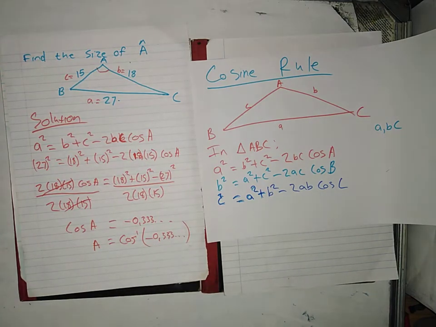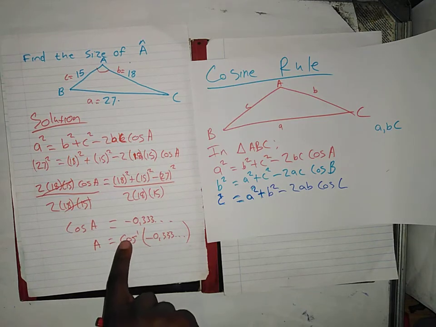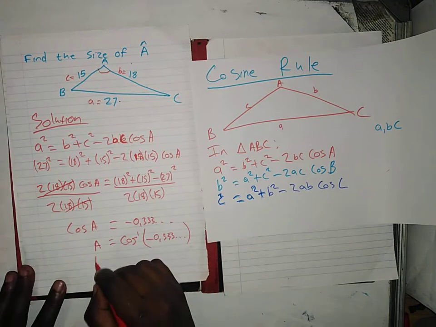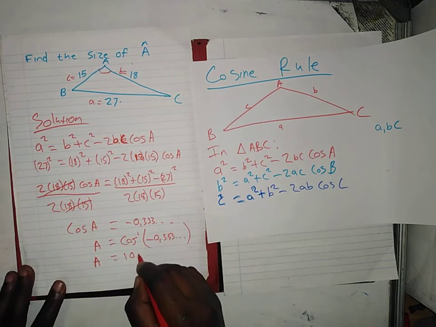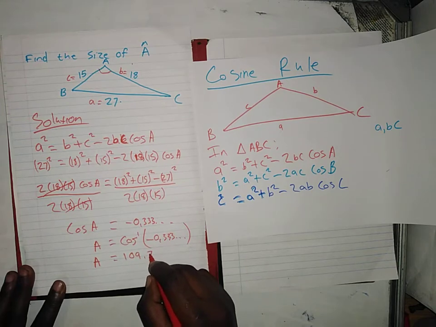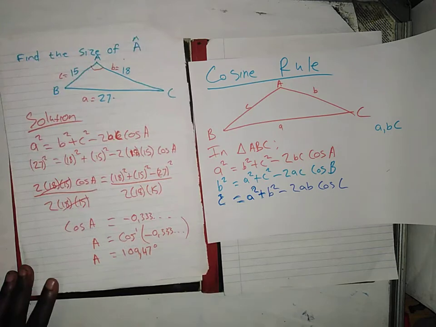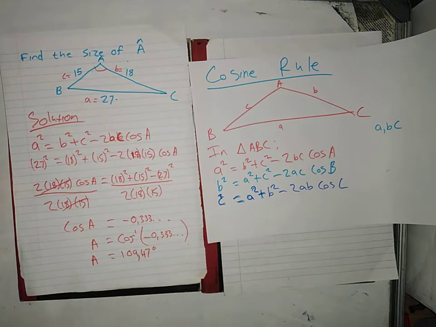Just put it as it is, and now when you punch this exactly as it is in a calculator, you will get A is equal to 109.447 degrees.